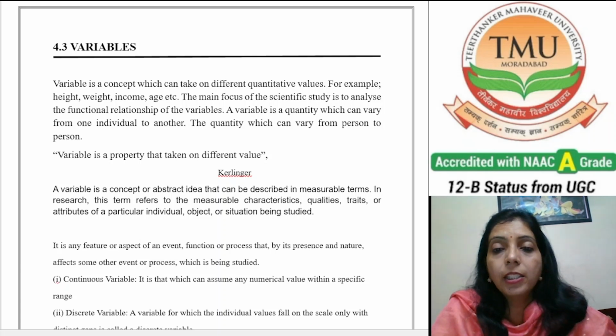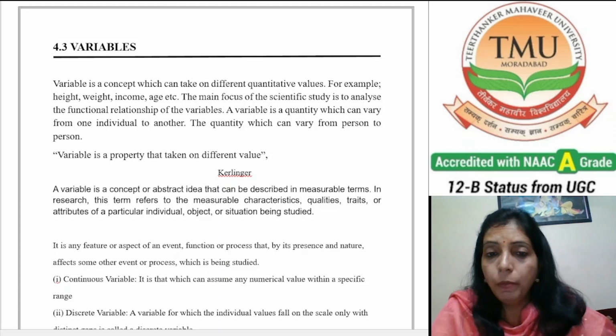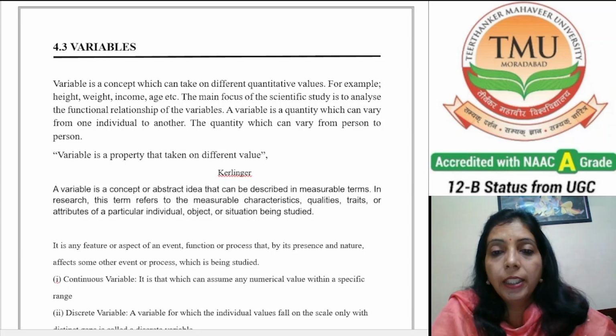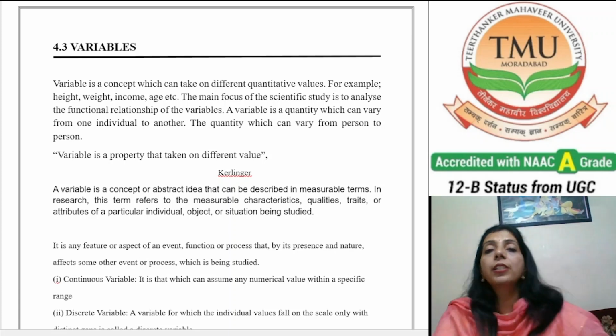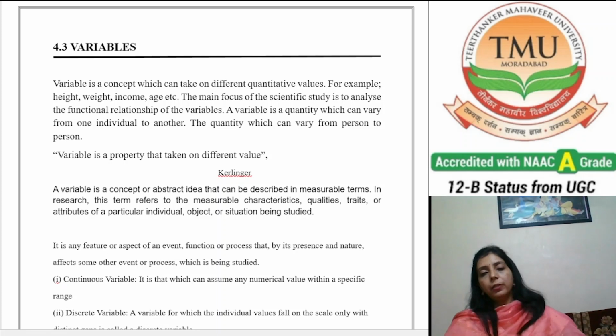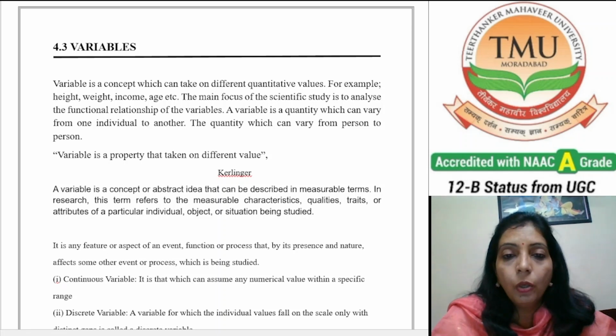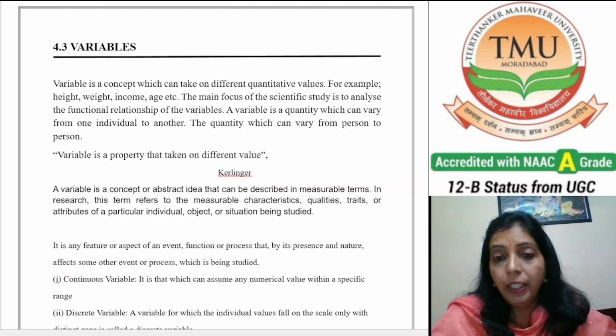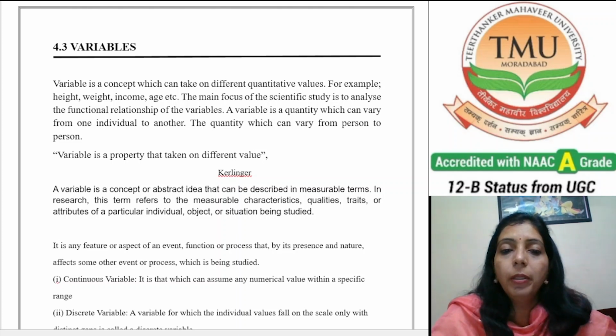Intelligence may as well affect the social studies achievement, but since it is not related to the purpose of the study undertaken by the researcher, it will be termed as an extraneous variable.